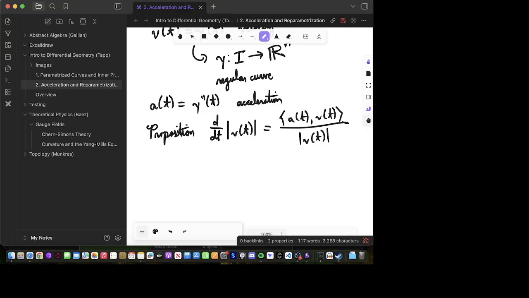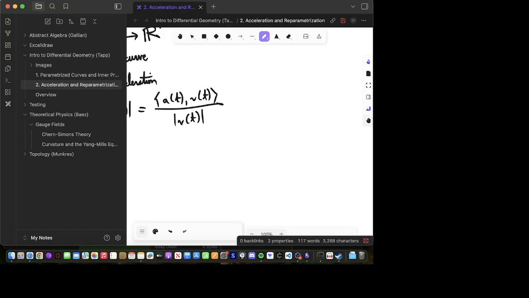So what does that look like? Let's say we have a curve like this, and we're looking at this point here, and this is v of t, and this is, actually, you know what? Let's make this a of t.